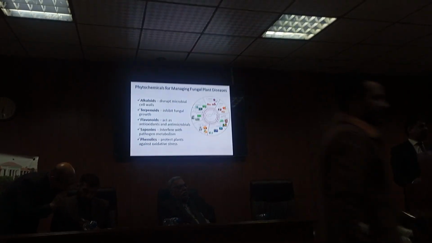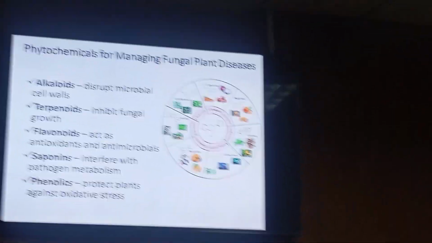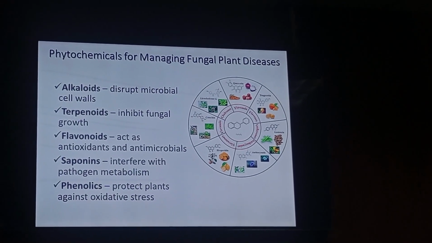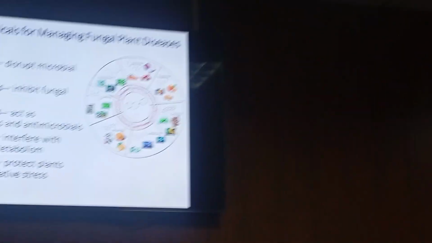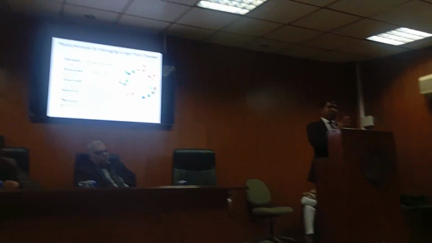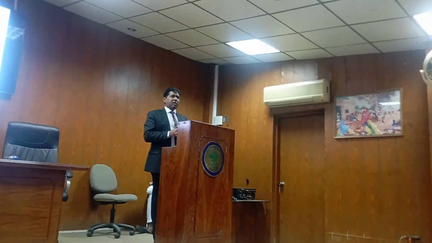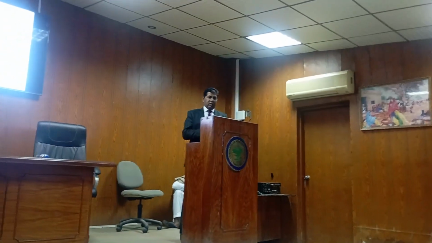So alkaloids, terpenes, flavonoids, saponins, and phenolics are the major groups of compounds present in a variety of species. Although we believe that in all species, one way or another, these compounds are present.